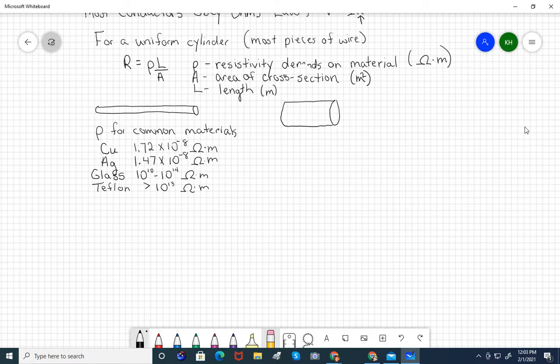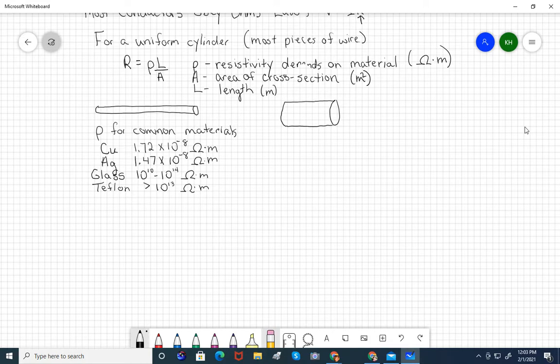Now, Ohm's law tends to act like the resistance is constant, but to be completely honest, there is some increase with temperature. When metals get hot, the resistance will generally increase a little bit.